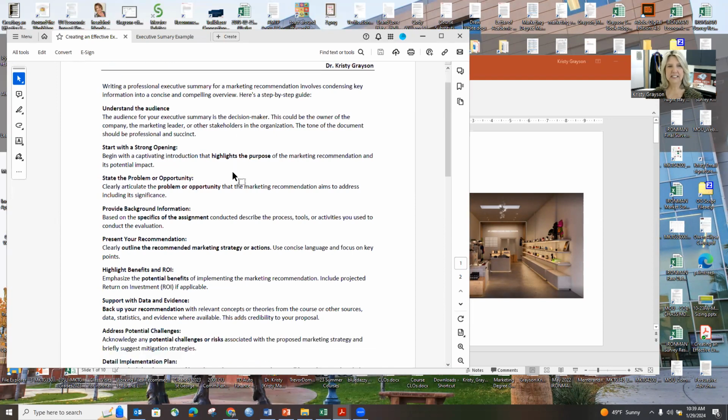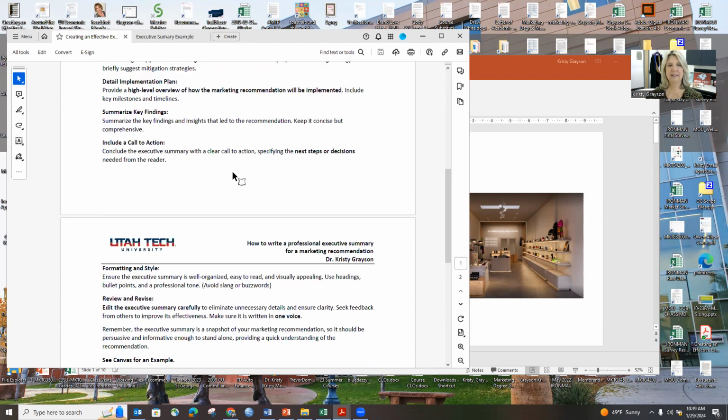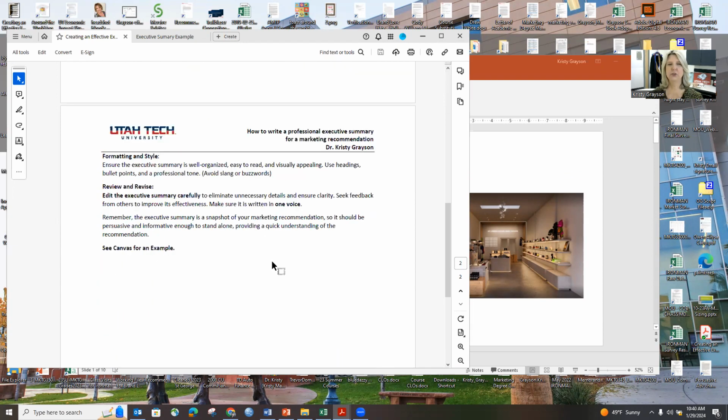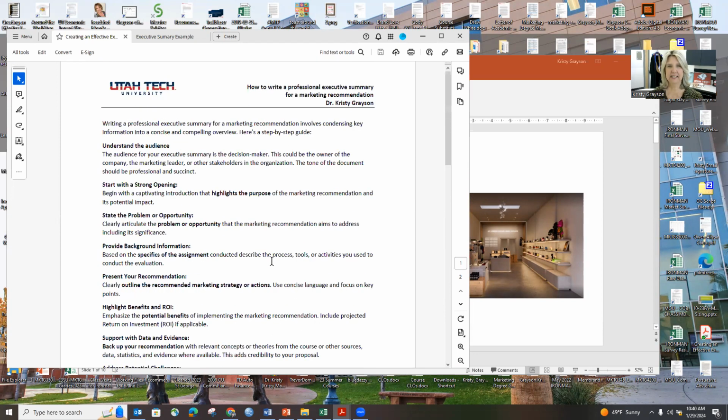What you're going to see here is a step-by-step guide of all of the things that you should include when you're taking a larger plan or recommendation and boiling it down for that decision maker. You will find this in Canvas, and what I'm going to show you is an example of these principles put into real world format.